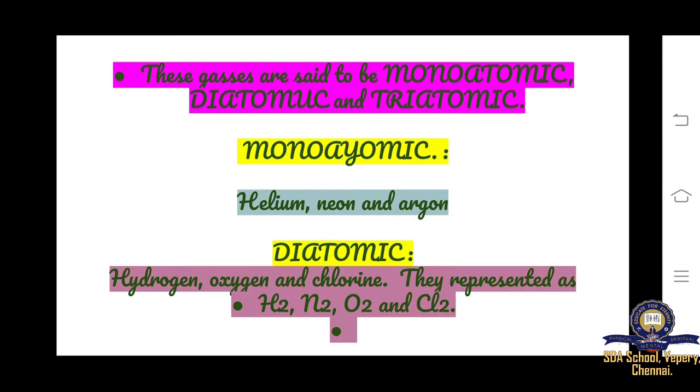They are represented as H2, N2, O2 and Cl2 because they always combine with the same atom and become dual in nature. They won't come as a single atom. So we can say they are diatomic atoms.